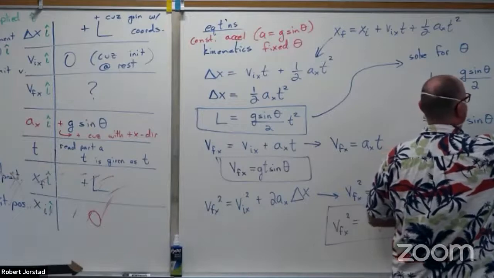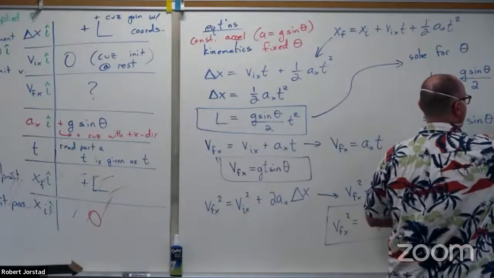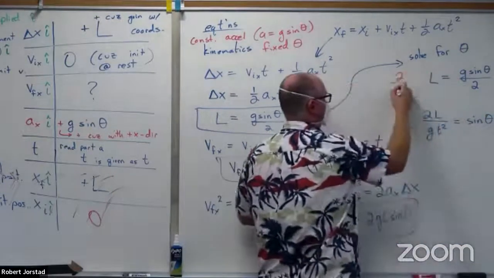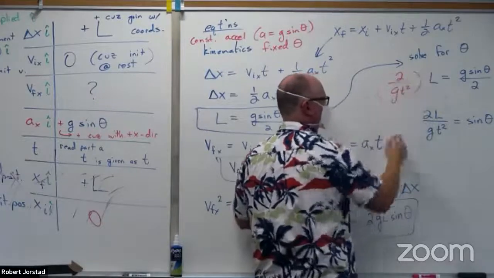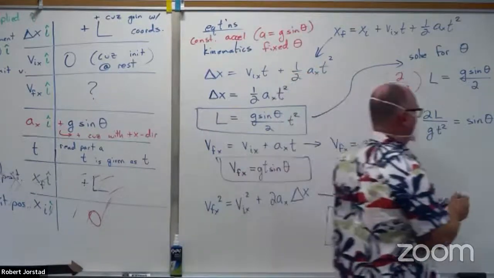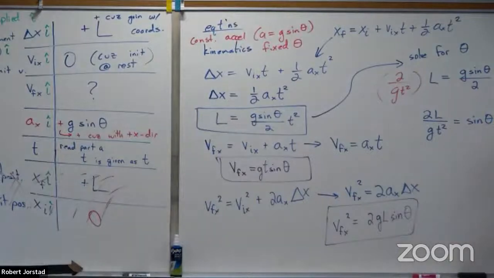Divide by 2, divide by g t squared on both sides, I think. That should get rid of the g, t squared, 2, yep. What operation do I do to get rid of the sine? Arc sine?